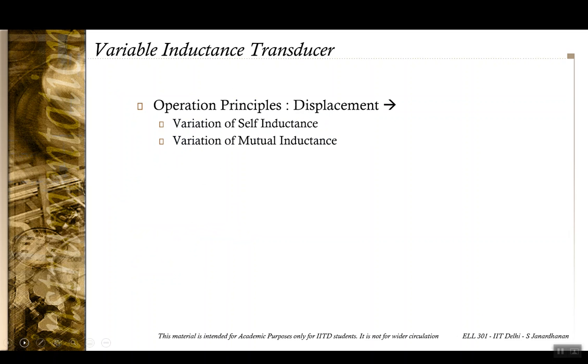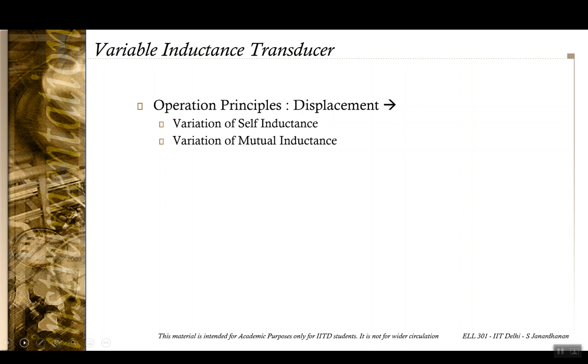Now, when you're talking about variable inductance transducers, you basically want to change the inductance of an element in the circuit by means of having some displacement. And the inductance comes in two flavors.